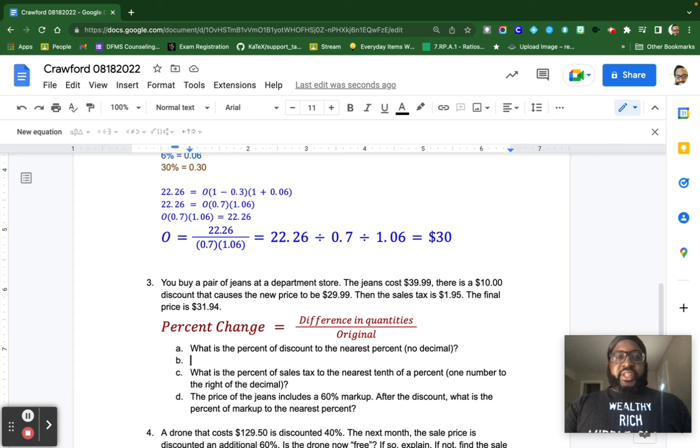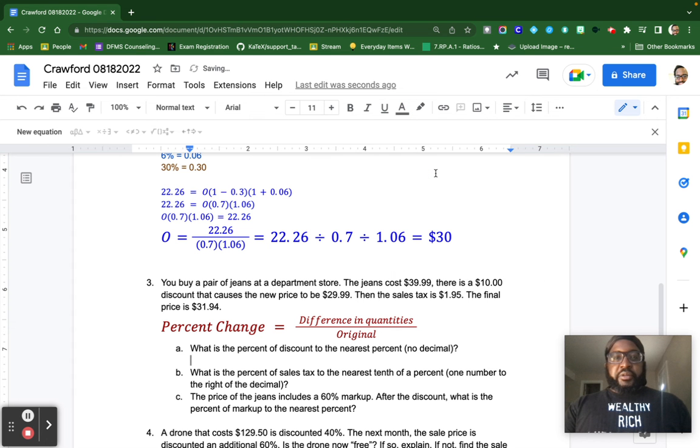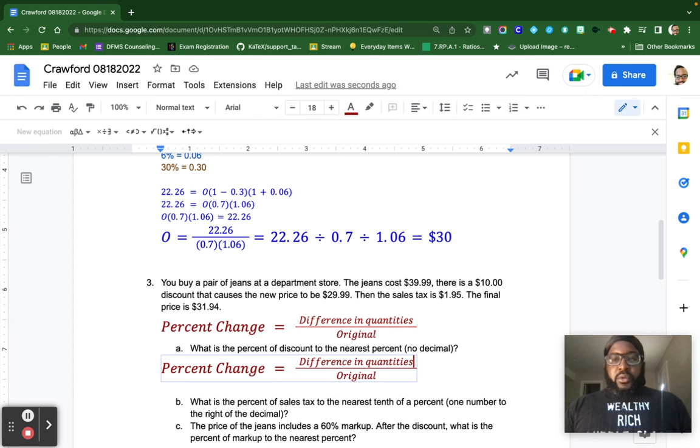Since we have a $10 discount, our difference is going to be 10. So between the prices of the same jeans, it went from 39.99 to 29.99, and the problem explicitly stated that there is a $10 discount.